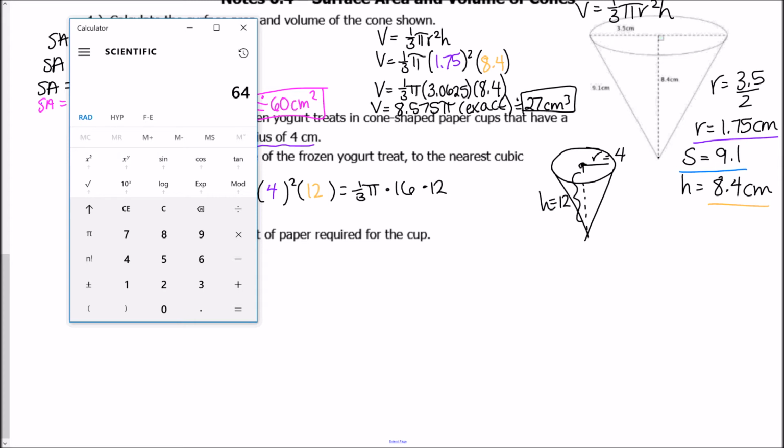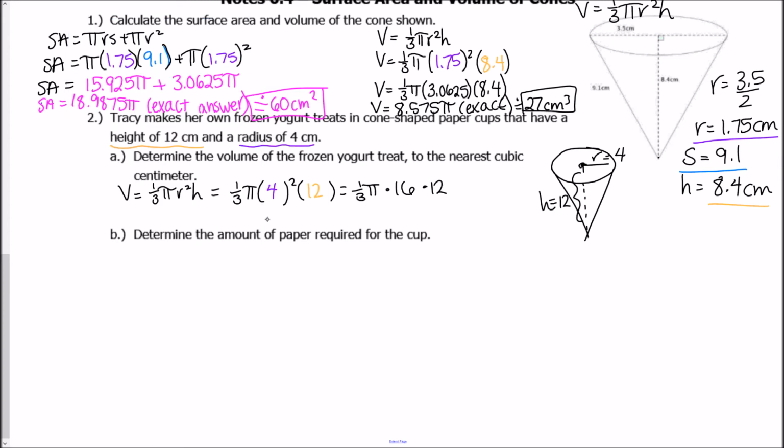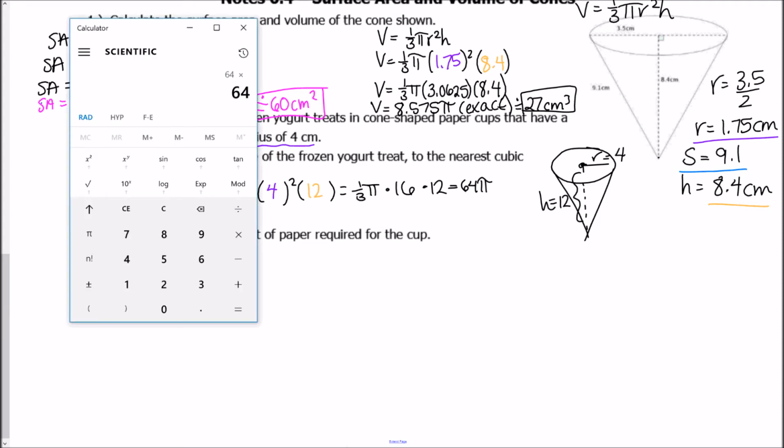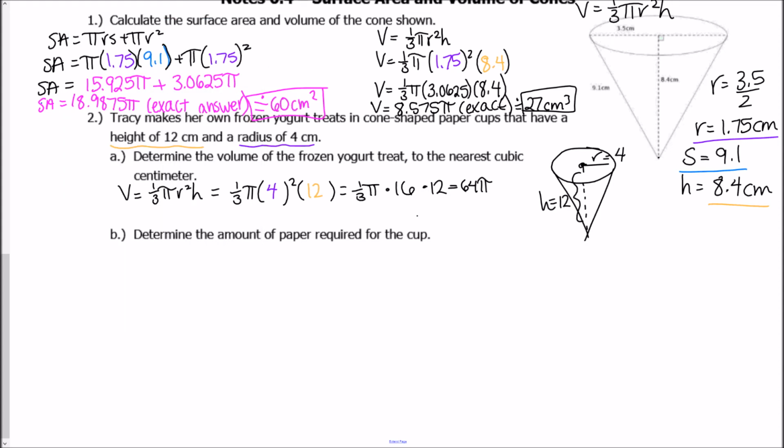So I end up getting 64. So this right here ends up being equal to 64 pi. Again, this is the exact answer, but it says round it to the nearest cubic centimeter. So I'm going to take 64, multiply it by pi, and I end up getting 201. So it's approximately equal to 201 cubic centimeters.